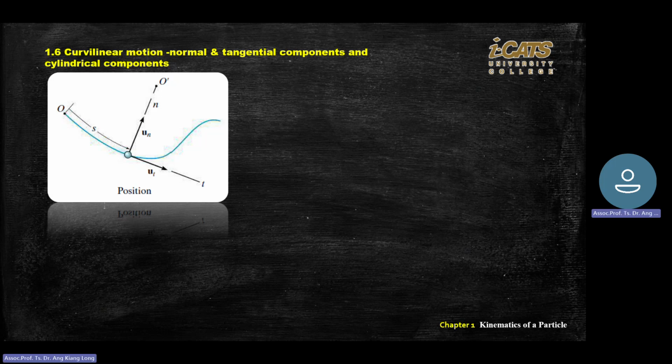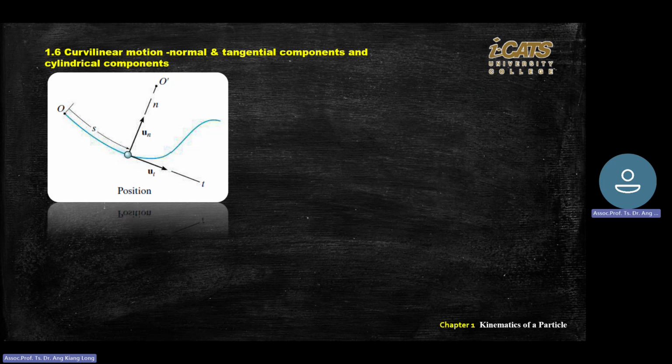Now, let's say we have an object moving in a curved motion, and then you label the axis. The direction of the object's velocity vector, along the curve, you label as the tangent direction.